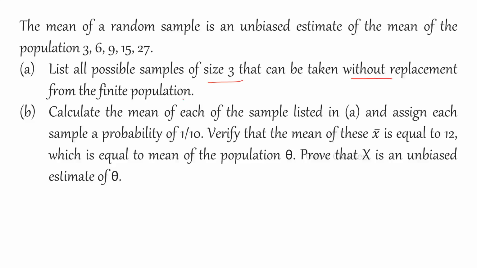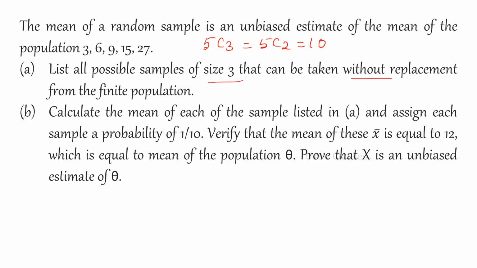So first part, samples of size 3 that can be taken without replacement from the finite population. How many values are there? How many sets of samples should you get? Here 5, and samples of size 3, right? So 5C3, which is equal to 5C2. You must get 10 values for this without replacement. Okay, with replacement means factorial.